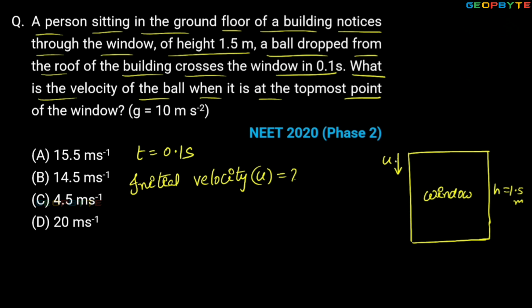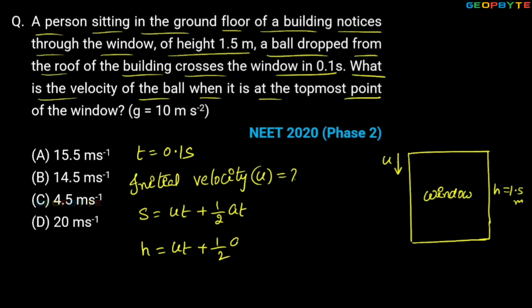Once again, a person sitting on the ground floor of a building notices through a window a height of 1.5 meters. A ball dropped from the roof of a building crosses the window in 0.1 second. What is the velocity of the ball when it is at the topmost point of the window? As you know, S equals ut plus half at square. For the vertical motion, h equals ut plus half g t square, since it is falling down.